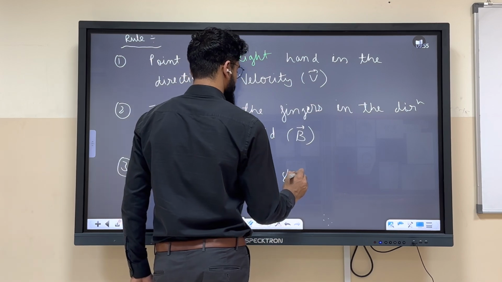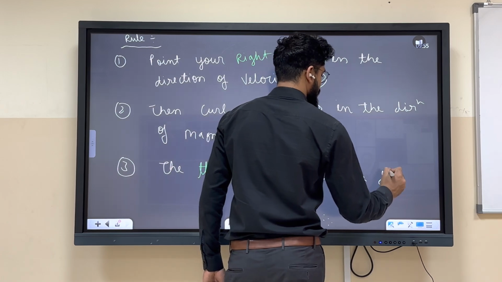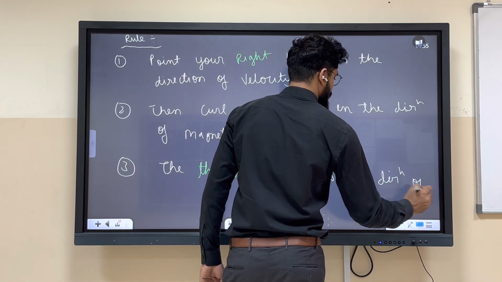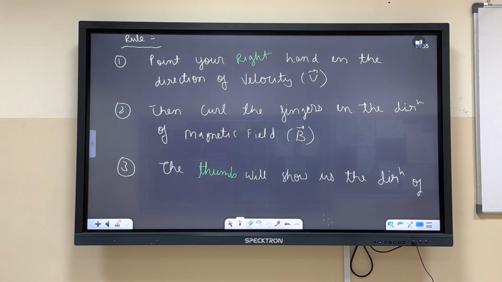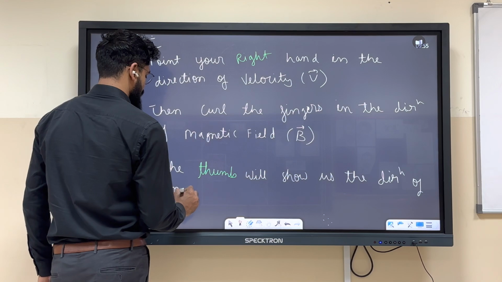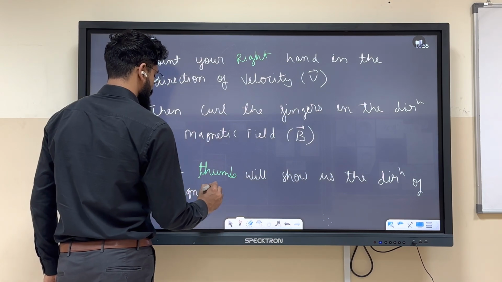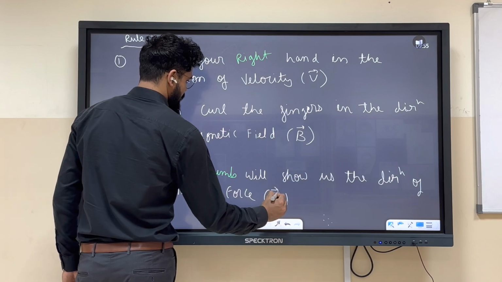Thirdly, the thumb will show us the direction of magnetic force.